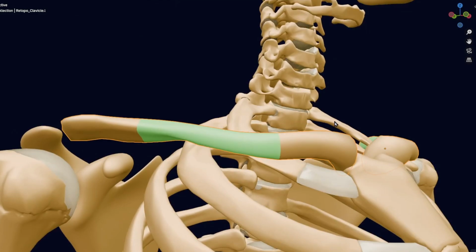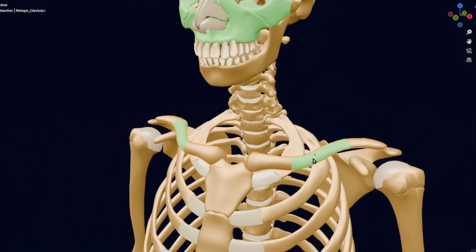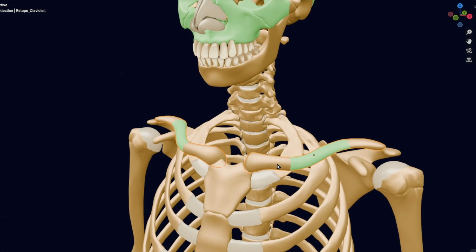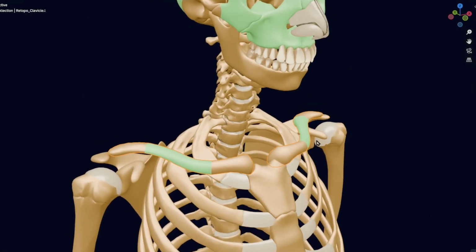So this is a mixed type of bone. It forms with endochondral as well as intramembranous ossification. This middle green part forms with intramembranous ossification, while its ends form with endochondral ossification.